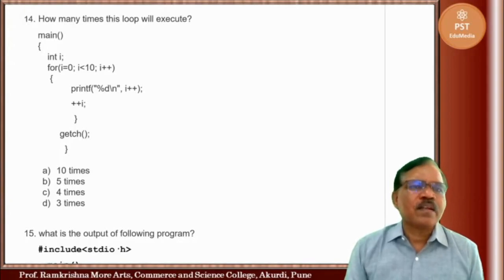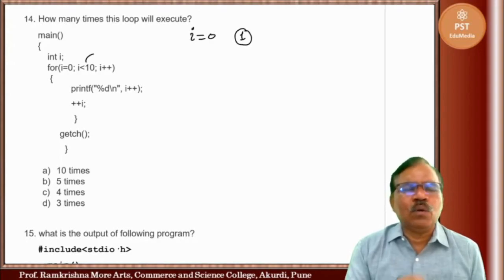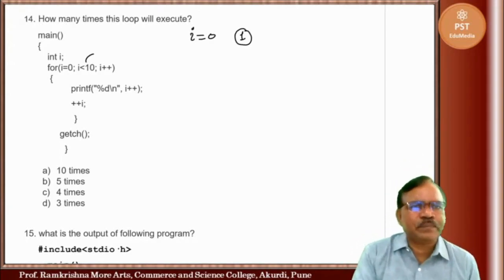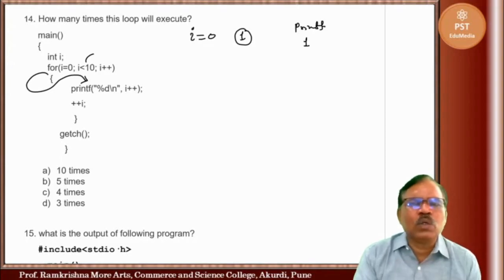Okay, now we have to see here. So i equal to 0, i less than 10, so it will go in the loop. So once it is executed, it will go here, printf %d i plus plus. So what happens? The printf statement will print i equal to 0.